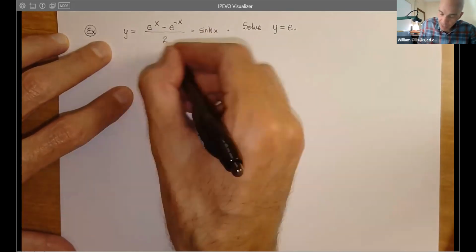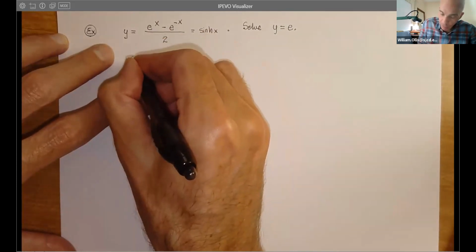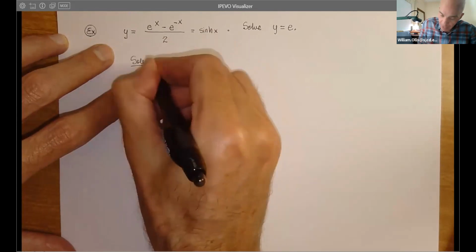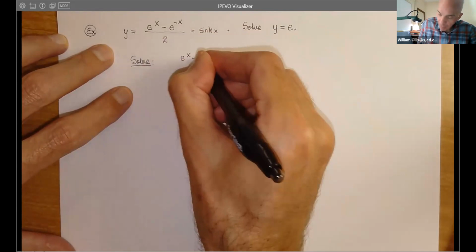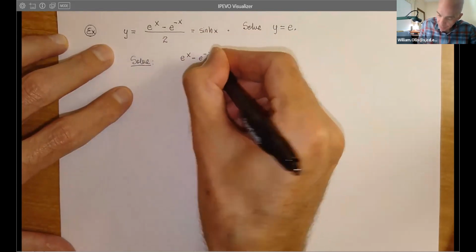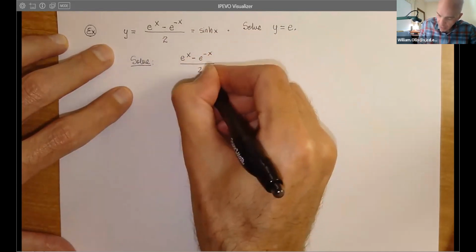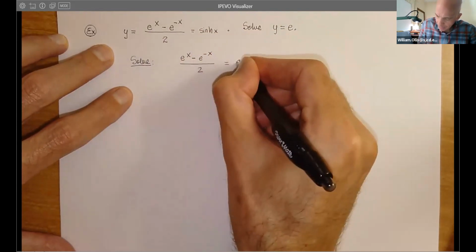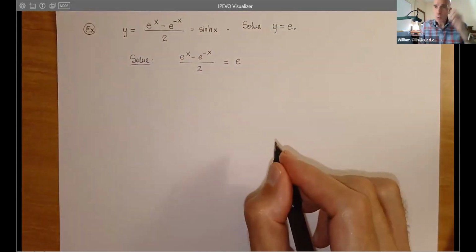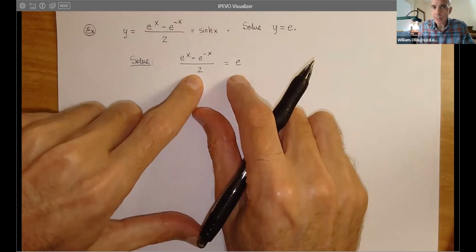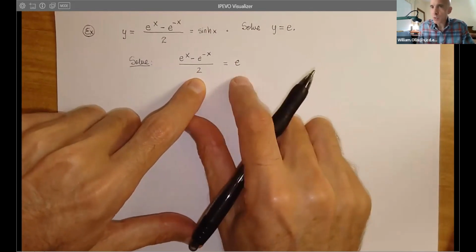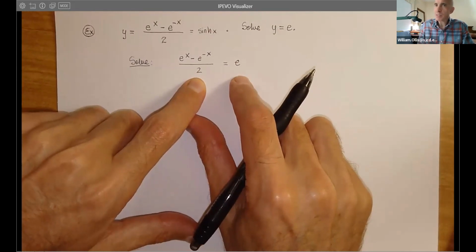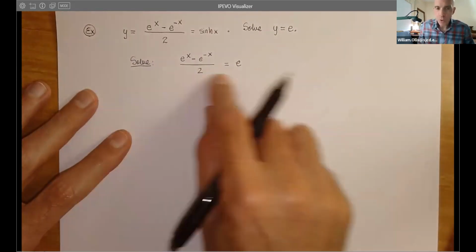So basically WebAssign could say solve. I've written it here, but that just means e to the x minus e to the negative x over 2 equals e. So the equation could have just been written this way. And then you say, okay, well, I'll cross multiply and put all the terms on one side and see what I can do with it. So here's an equation to solve.